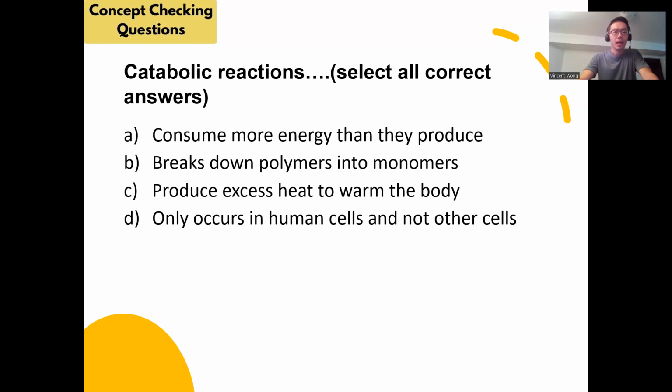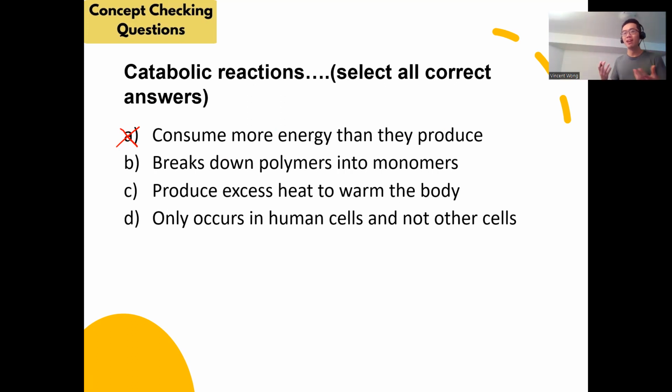Great, thank you. So catabolic reactions, or catabolism, is breaking down your food, right? So let's see, consumes more energy than they produce. That's not true, right? When we break down the food, we try to extract energy from the food, right? If it takes more energy to break down the food than they produce, then eating would be disastrous, right?